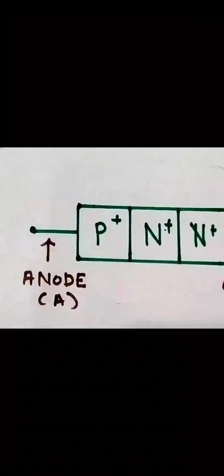The doping level between P and N is the same as in a PN junction, but in a power diode we have a junction formed between P plus and the lightly doped N minus layer. Hence the structure looks like this junction figure. So this is about the construction of the power diode.